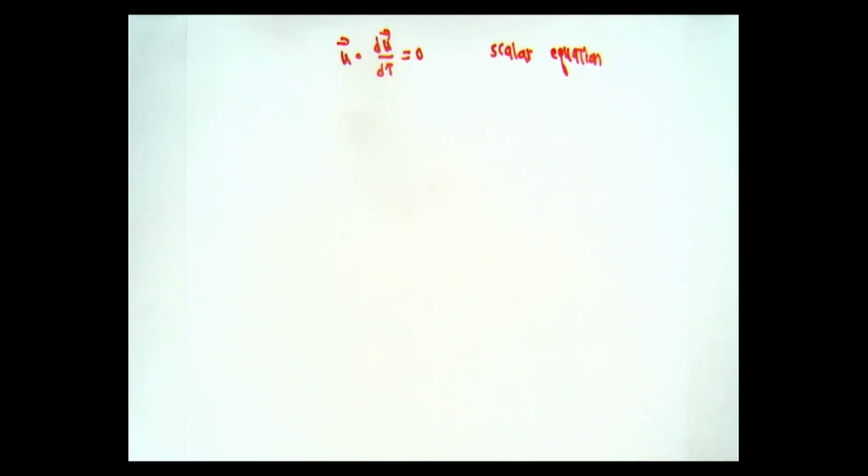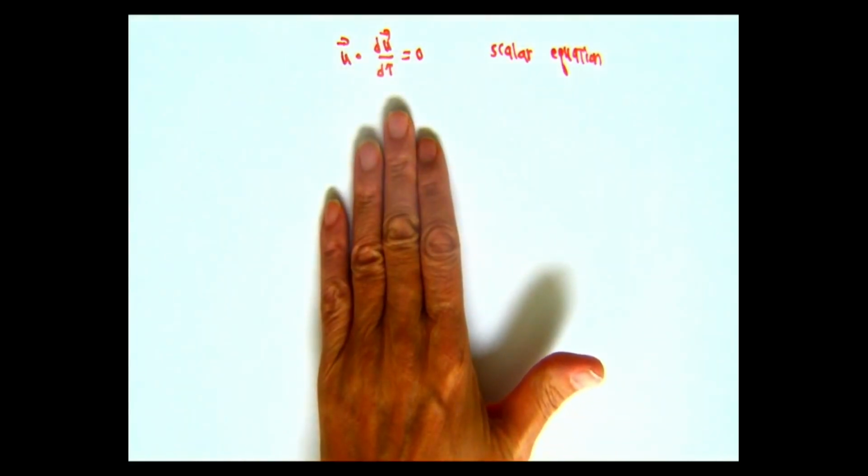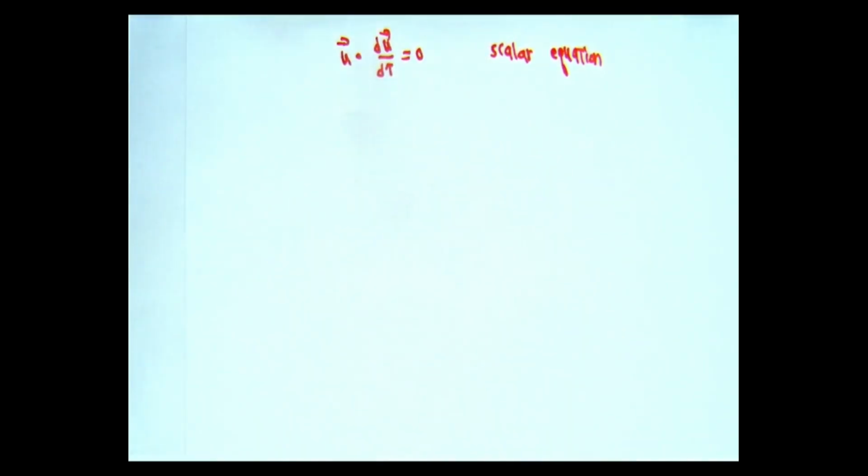I've already done the derivatives here. So I'm going to adopt a very convenient frame of reference. At some particular point P along the world line, I'm going to evaluate this equation using the coordinates of a momentarily co-moving reference frame at that point.